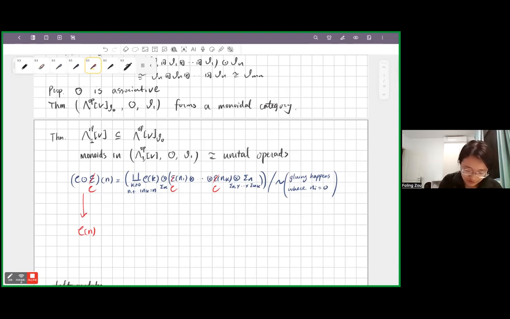So extracted from this map, I can get Ck tensor Cn1 tensor to Cnk to Cn, which is just C of n1 plus ... plus nk. So the structure map of the operad is part of the structure map of the monoid, and the remaining work is just to check that other things match up.